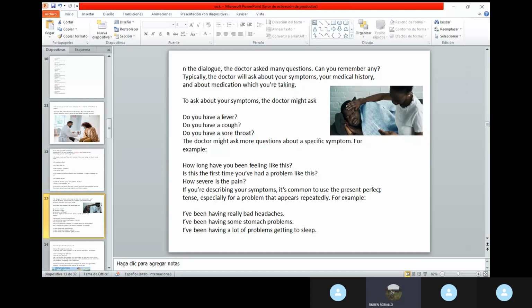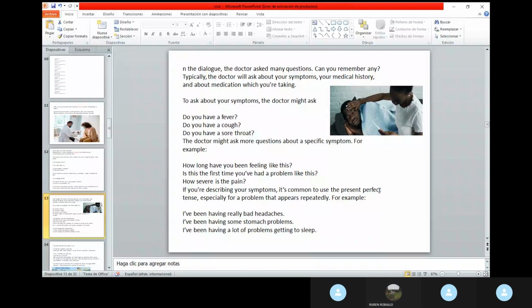The doctor may ask more questions about a specific symptom. For example, how long have you been feeling like this? Is this the first time you've had a problem like this? How severe is the pain?